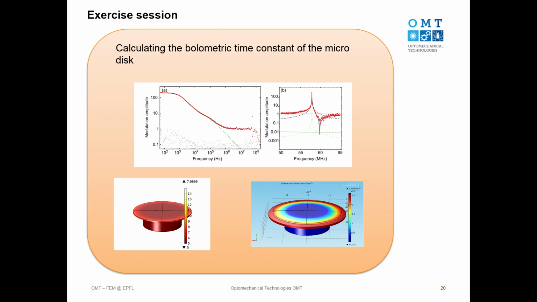For example, in this particular cavity, the mechanical frequency of interest was at 10 to the 8, so 100 megahertz, and the bolometric force cutoff was at 100 hertz. You can see the responses of these two are three orders of magnitude apart.